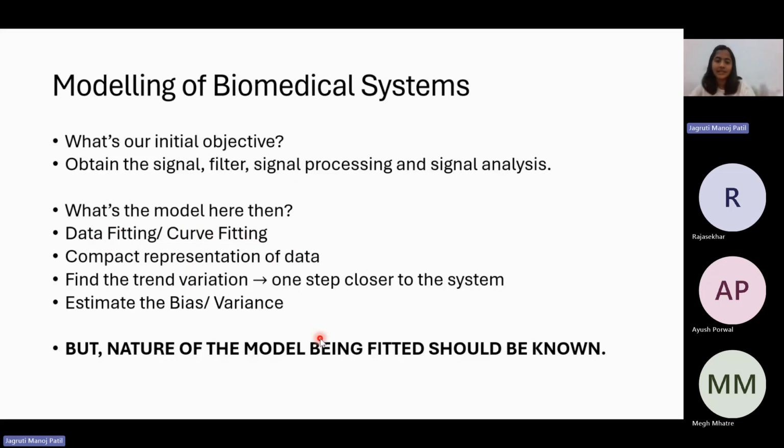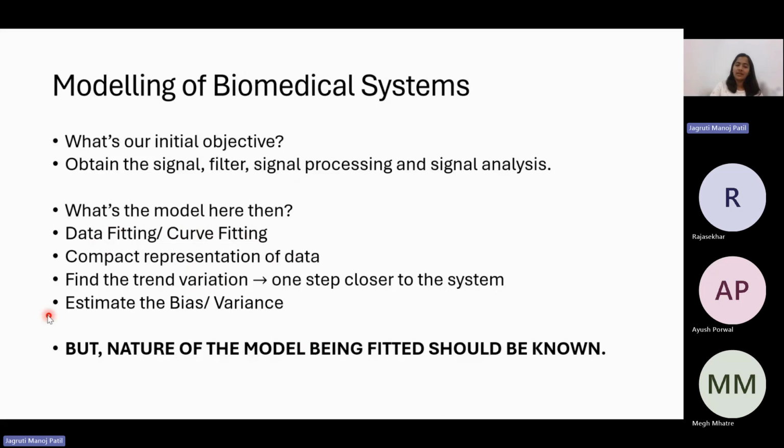You should know beforehand that if your data follows certain characteristic features, then what should be an appropriate model to fit, and what significant parameters or properties of that model you will get after fitting to the data. Only then will you get significant information about your data, or else it would be just that I did some curve fitting and my r square, the goodness of fit, is around this. It should not be that you just fitted it for the sake of fitting. You should also know the nature of the model.